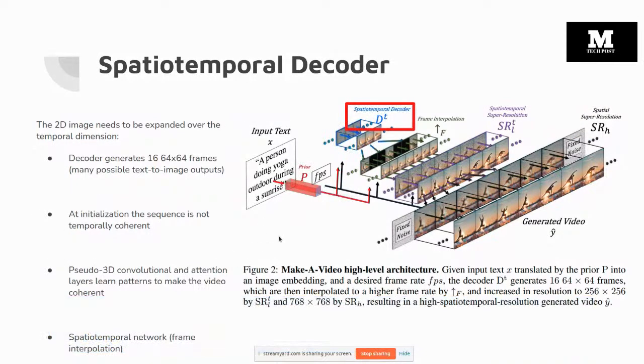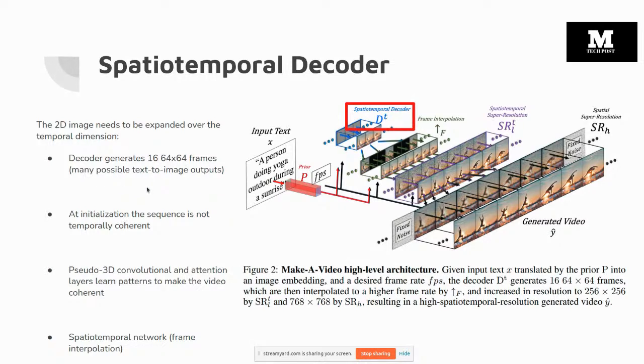Then, of course, this is the second component of the model overview. So since we need to animate the image that has been created with the text-to-image model, we need a spatio-temporal decoder. The spatio-temporal decoder is going to generate 16 64 by 64 frames.